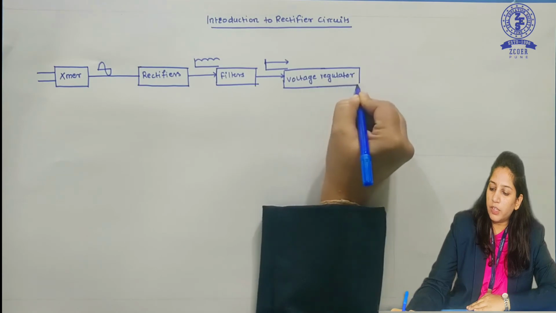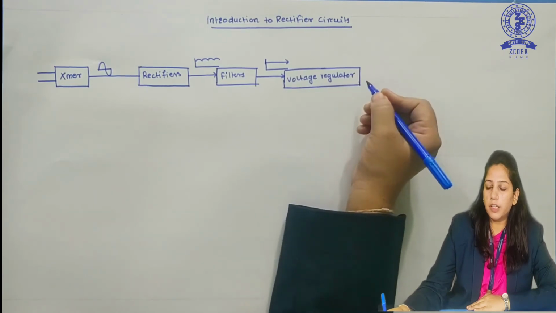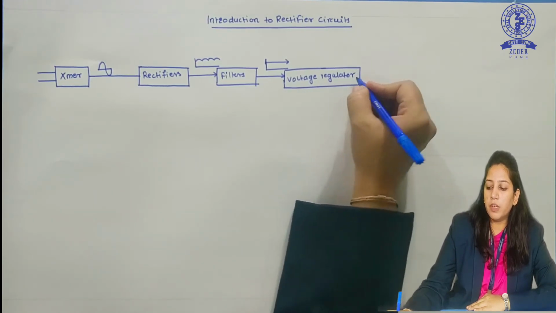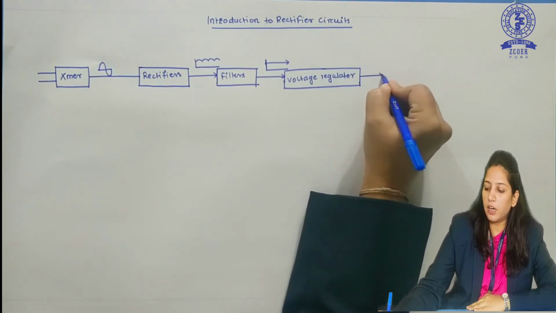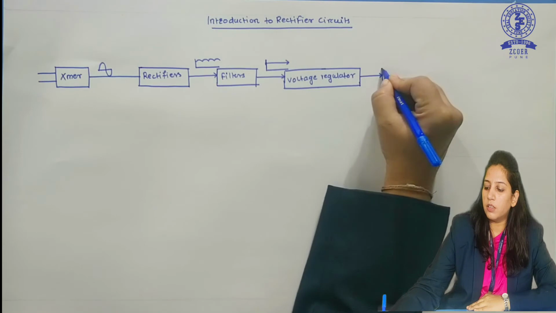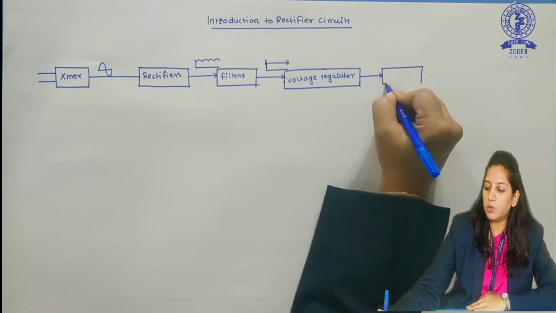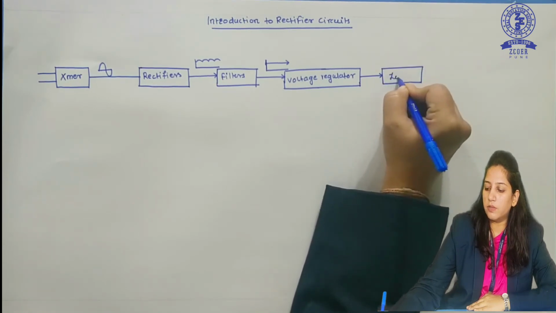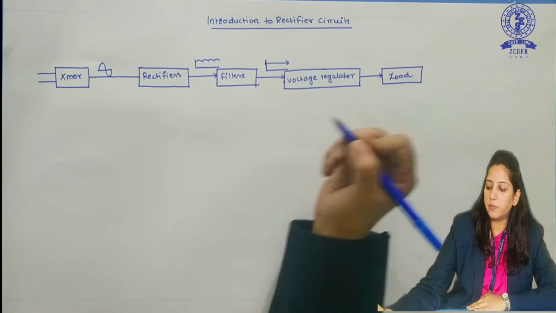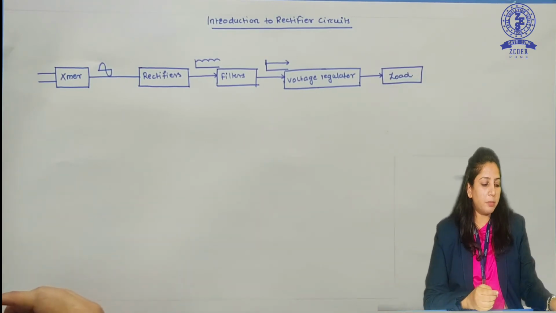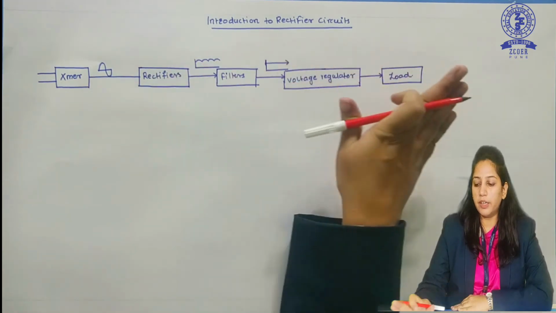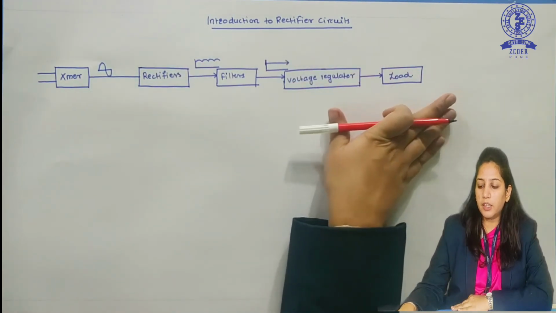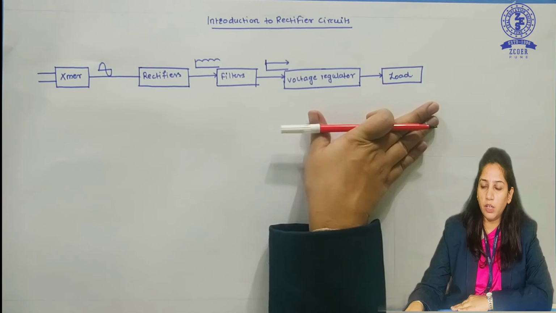The voltage regulator will give us regulation of voltage, where we will get a constant DC supply, and after the voltage regulator we give this to our load circuit. So this is the basic block diagram where our AC is converted into pure DC and given as a regulated supply to our load.